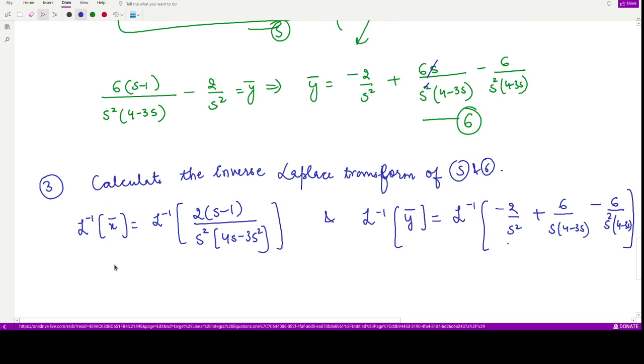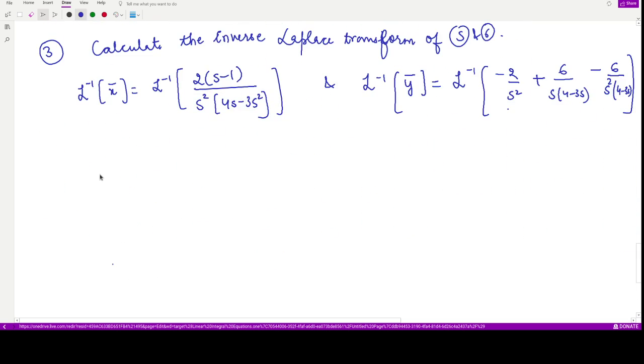So that means after calculating the inverse Laplace transform, this term x bar, its answer would be 1 divided by s cube plus 2 by s square minus 1 divided by 2s minus 2 by 3. I'm sorry, here the final answer is not this one.